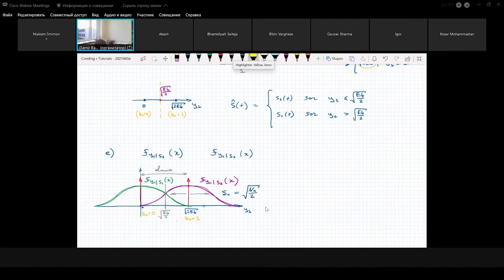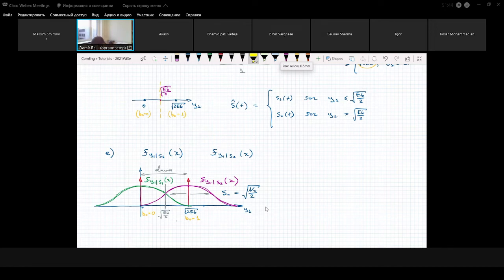But before we come to probability of error, we should talk about why it happens that we have errors. What's the reason for this? And this picture also helps us to understand the reason for getting errors during transmission.